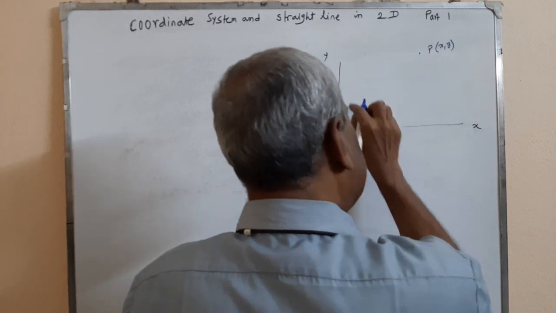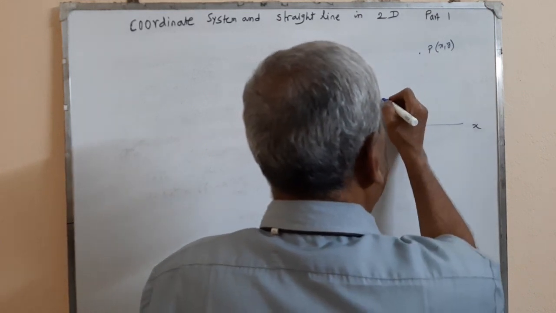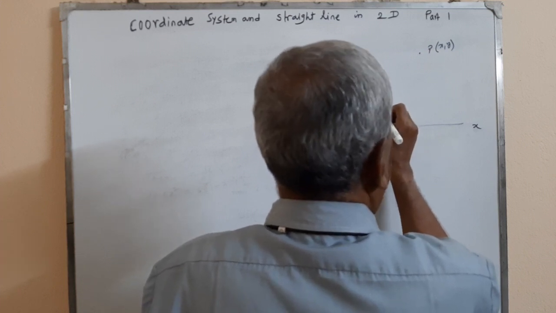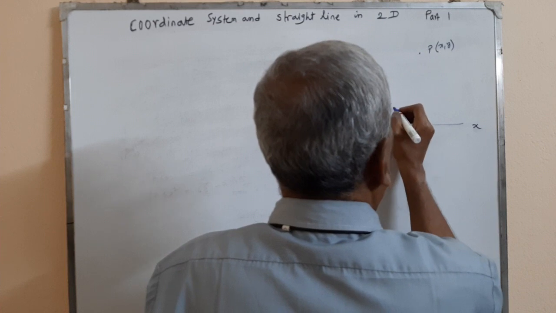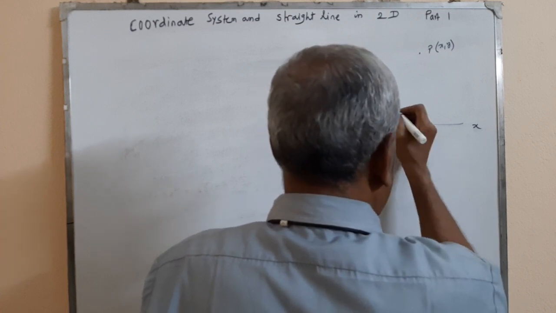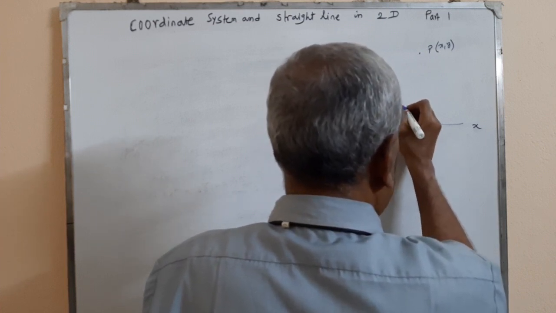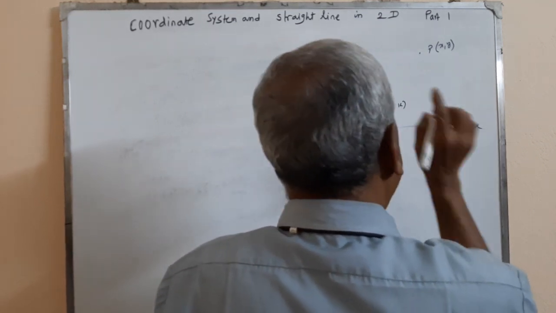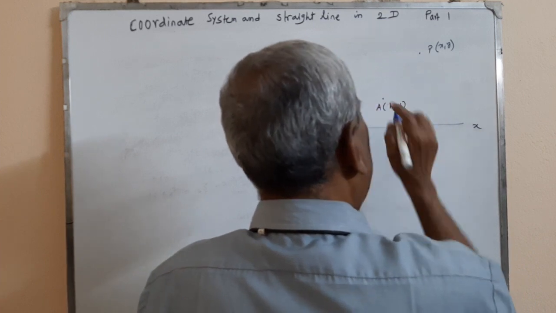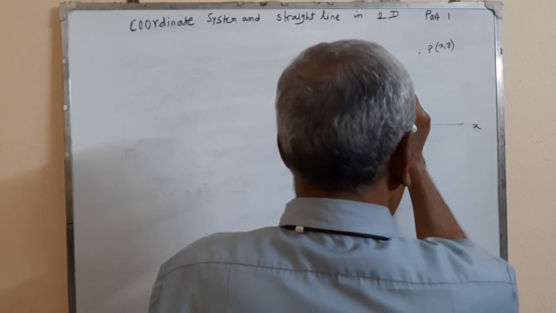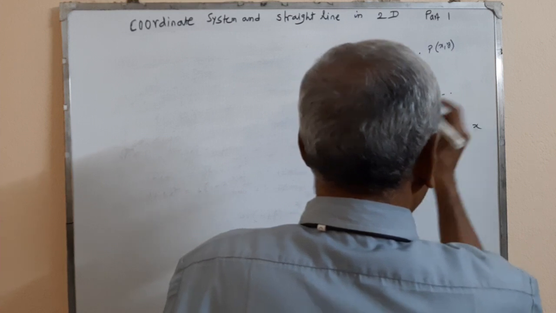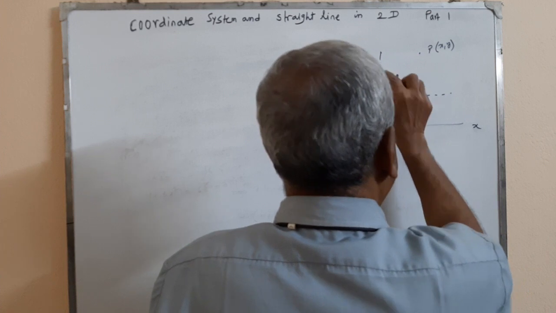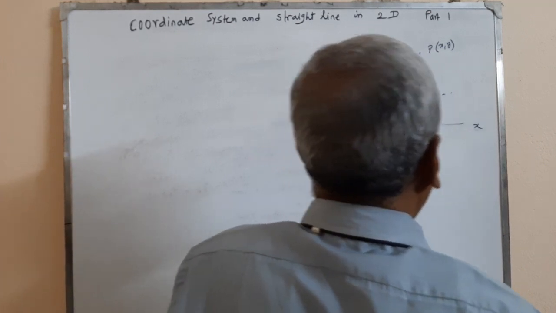Now these axes are shifted to a point A whose coordinates are (h, k) with respect to this coordinate system. The origin is now shifted here, and the axes are parallel to the previous ones. This is parallel to that, this is parallel to that.